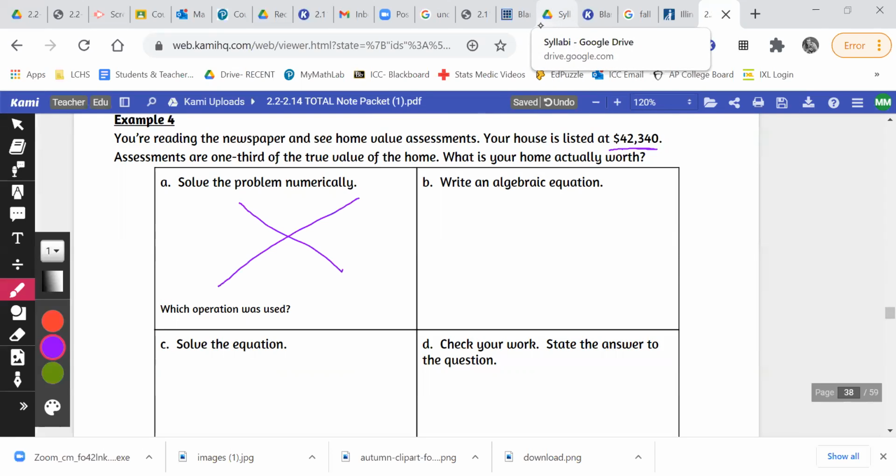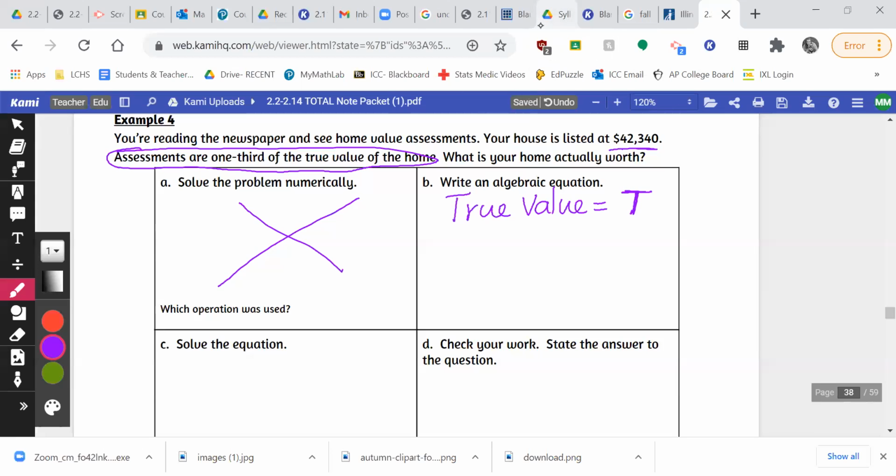So with this one, I like to use that sentence right there. That's going to help us a lot. So we're trying to find what the home is actually worth. So let's say the true value, and let's have our variable be T for the true value.